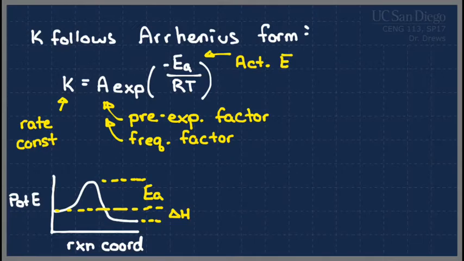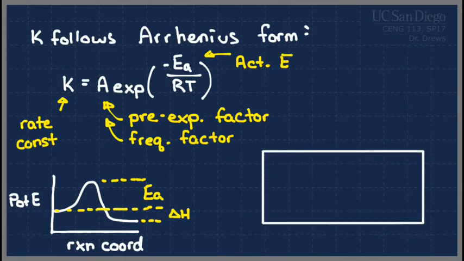Because this thing follows an Arrhenius form, or actually it's the other way around, because the plot I'm about to make is true, it follows an Arrhenius form. If you look at the distribution of energy between molecules, so if you call this one, I'm going to call it F, the fraction of molecules that have a particular energy. If the temperature is low, this tends to look something like that.